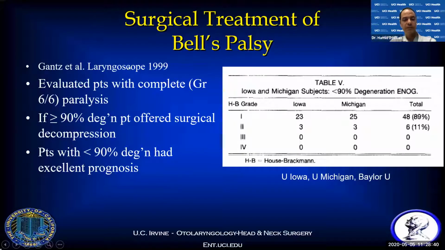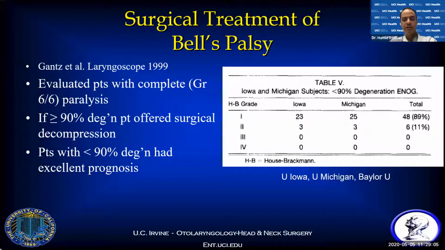This is the paper I was talking about, and it talks about electrical testing. The primary purpose of the paper was really to look at whether decompression of the facial nerve is beneficial for the outcome of the facial nerve in patients with Bell's palsy.